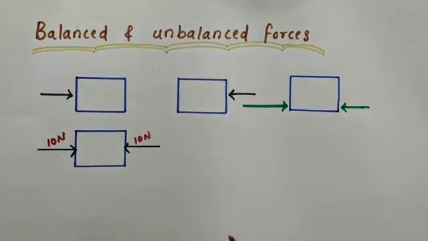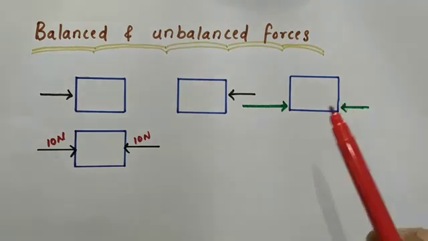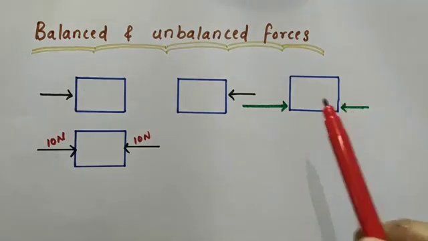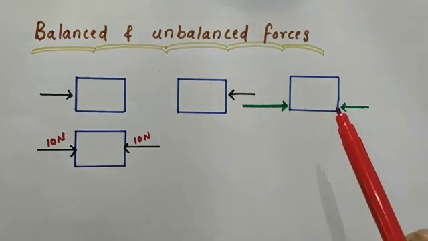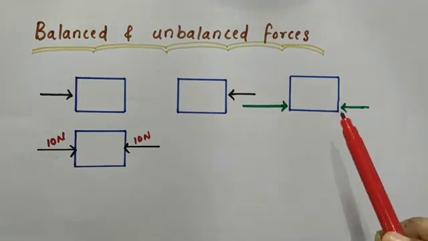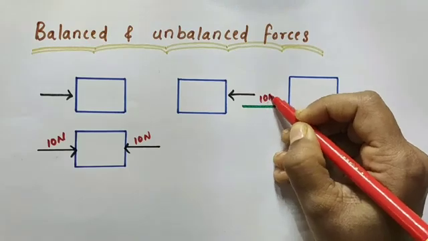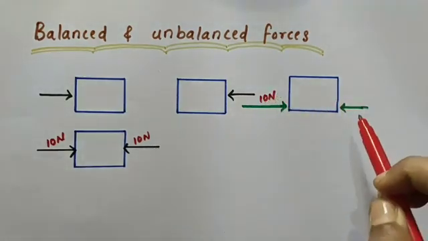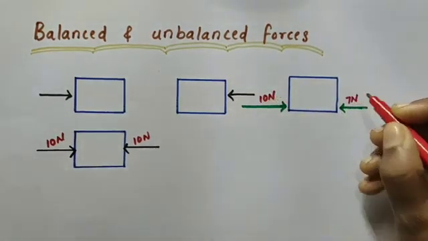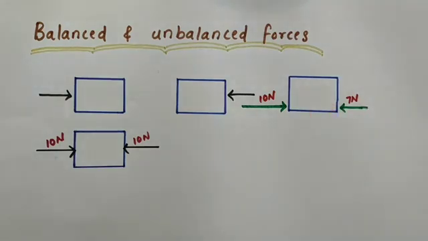Now, consider the situation in which two forces are acting on this box in opposite directions, but the forces are of different magnitudes. Here you can see that a 10 Newton force acts to the right and a 7 Newton force acts to the left.